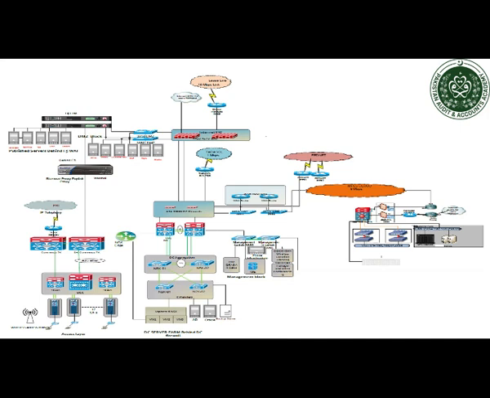Here is another one that's going through another network. As it comes, either it goes there or it goes here, it goes to another firewall here. And it comes to here.